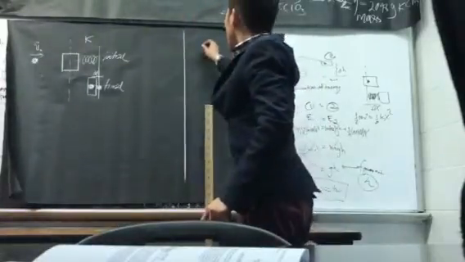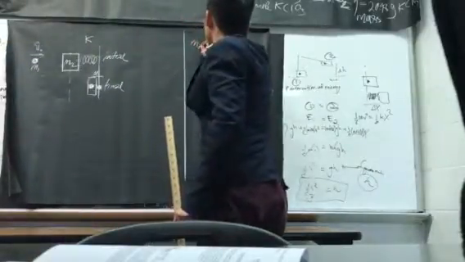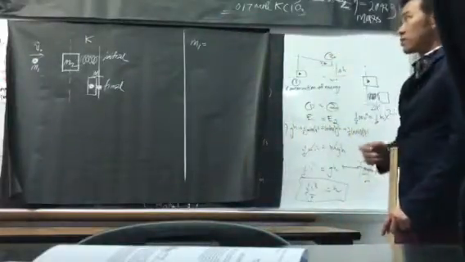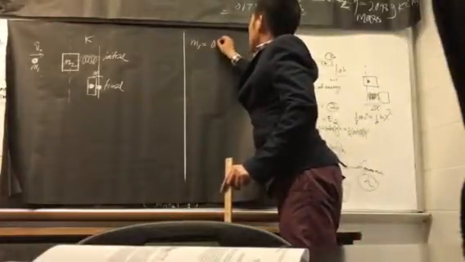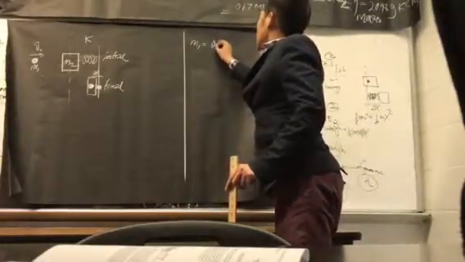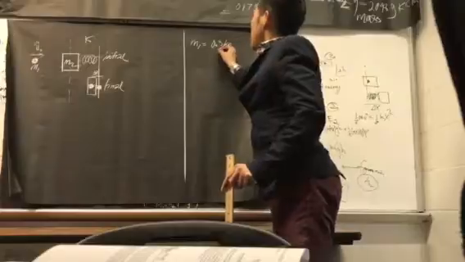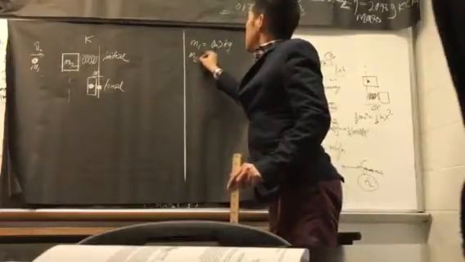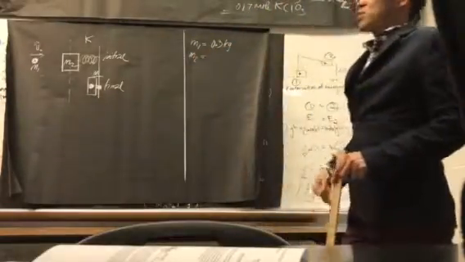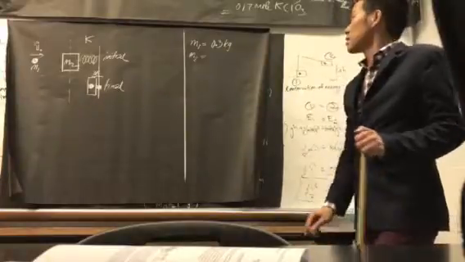Just give me the values again of what we have. What's the mass of M1? The mass of M1 is 0.3 kilograms. What's the mass of M2? Remember, it's supposed to be larger. 4 kilograms.